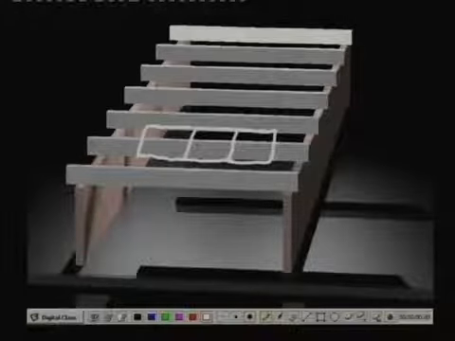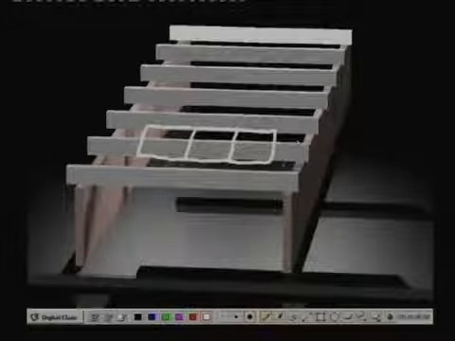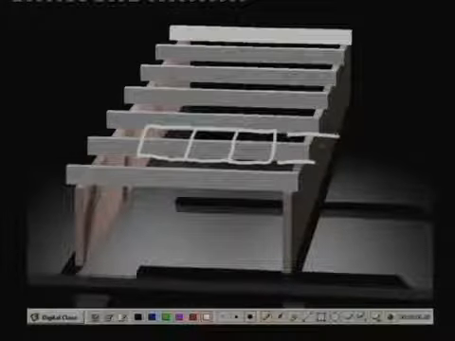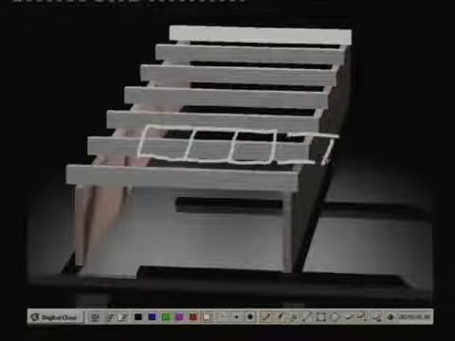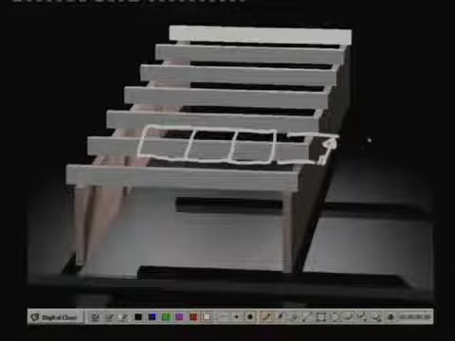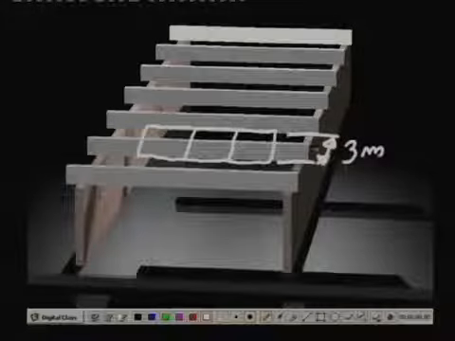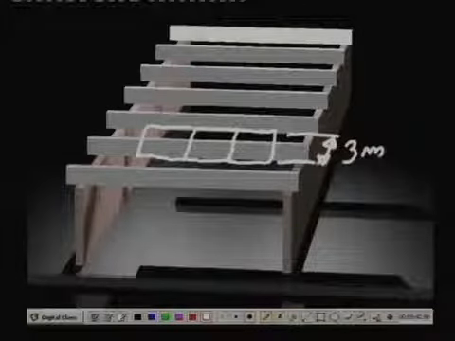Along this length you will get that, and what about this distance? Half of this is equal to 3 meter, isn't it? That is because of the spacing of beams.